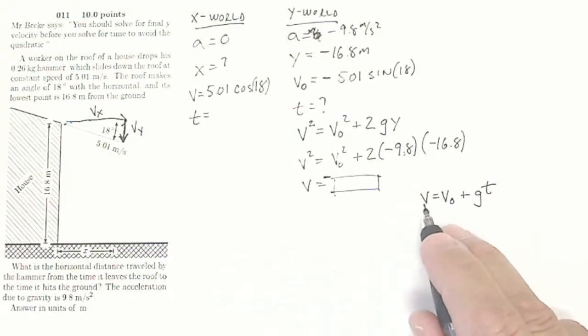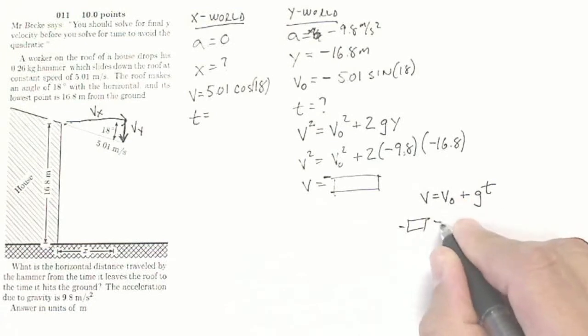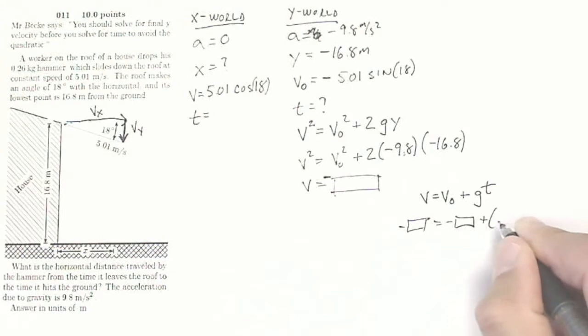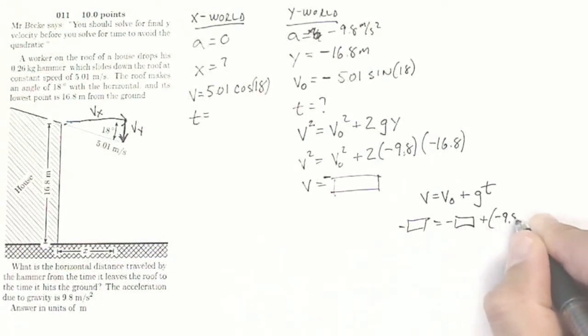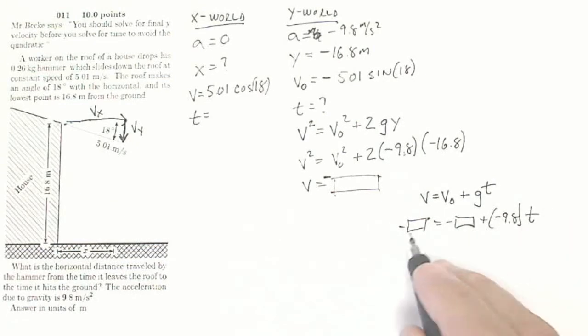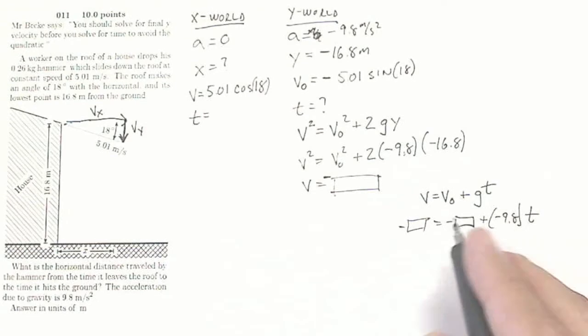So this is my final velocity, which is negative something, right? My initial velocity is negative something plus my gravity is negative 9.8, and now I can solve for my time. So I know this, and I know 9.8. So now I can work out my time.